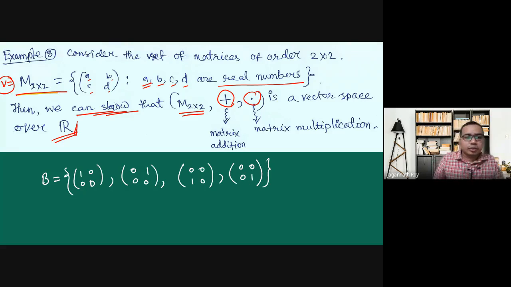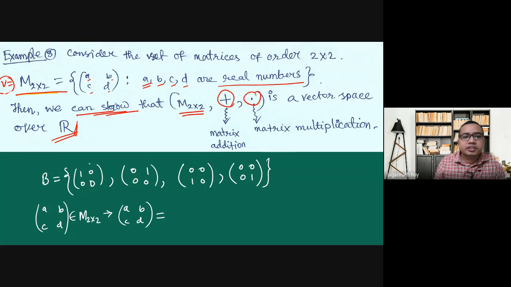Any vector in this vector space is actually a matrix, with entries A, B, C and D, and it can be written as a linear combination of these four vectors.